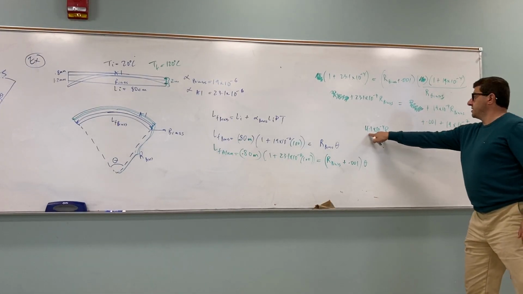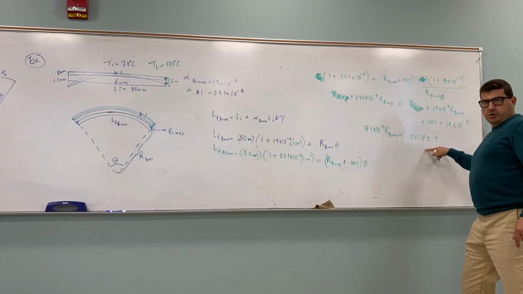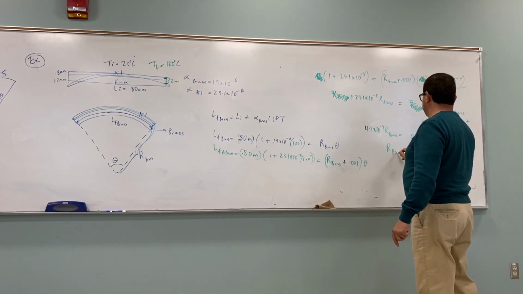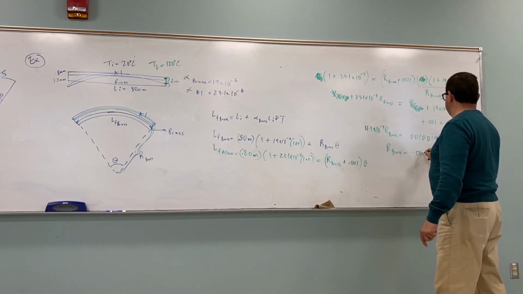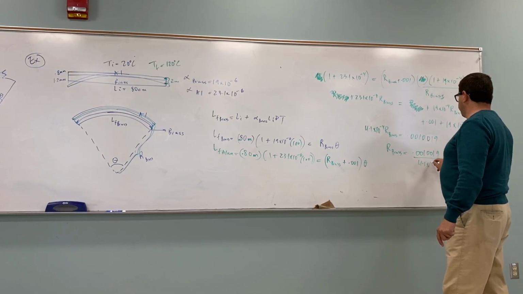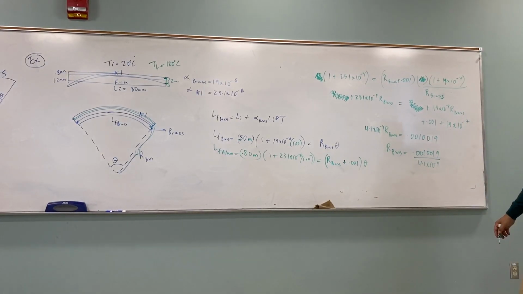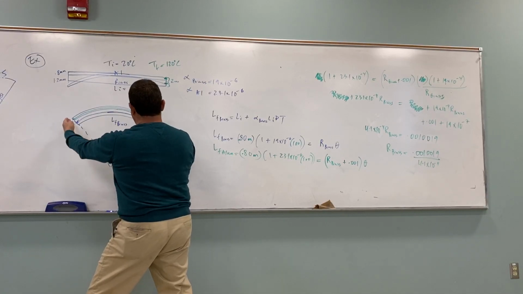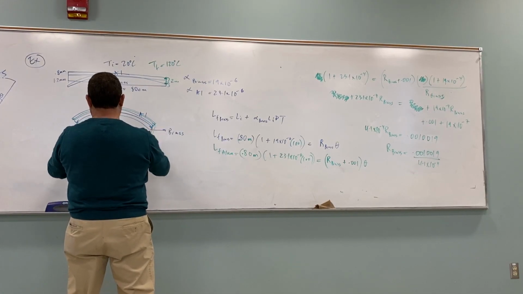And now take this, put it here, and so for the radius that it makes, over 4.1 times 10 to the minus 4. That's going to give me the radius that arc makes from here to here, for the brass.